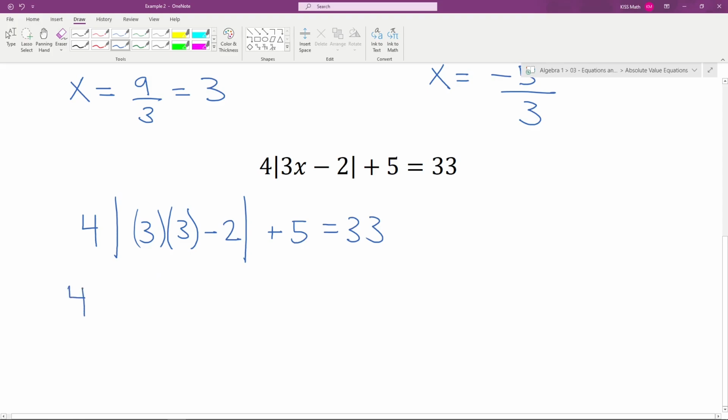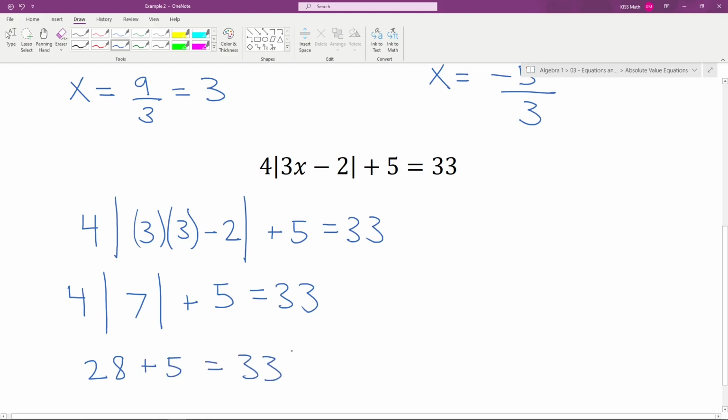So 4 times the absolute value of 9 minus 2 is 7, plus 5 is 33. We have a 28. 4 times the absolute value of 7, plus 5 is 33. So that answer is good.